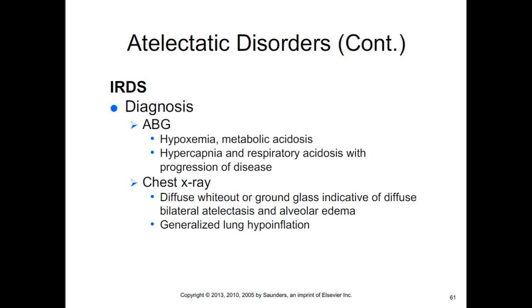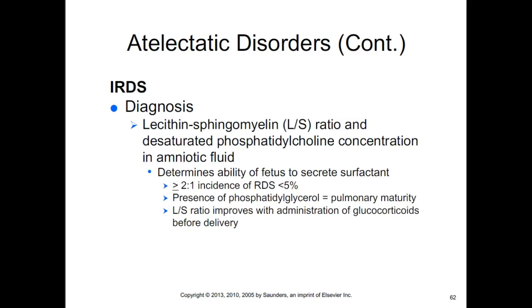So you might also see hypoinflation, which means low inflation of the lung. All right, so the lecithin sphingomyelin ratio is also low in the amniotic fluid. And a decreased phosphatidylcholine concentration, that is to determine the ability of the fetus to secrete surfactant.